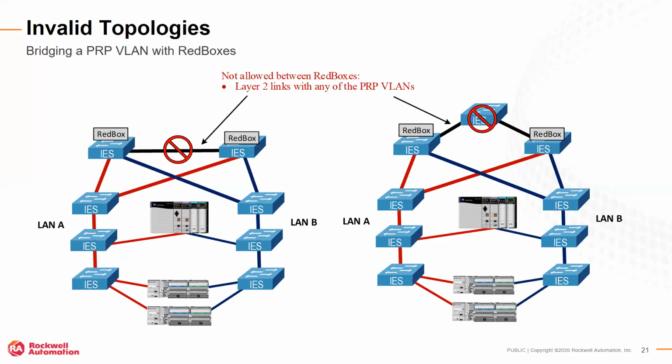A RedBox by definition is already connected to LAN A and LAN B, so they do not need to be connected to each other. Again, this could cause broadcast storms and other performance issues that we want to stay away from. So RedBoxes are not connected to one another. They're connected to LAN A and LAN B directly.